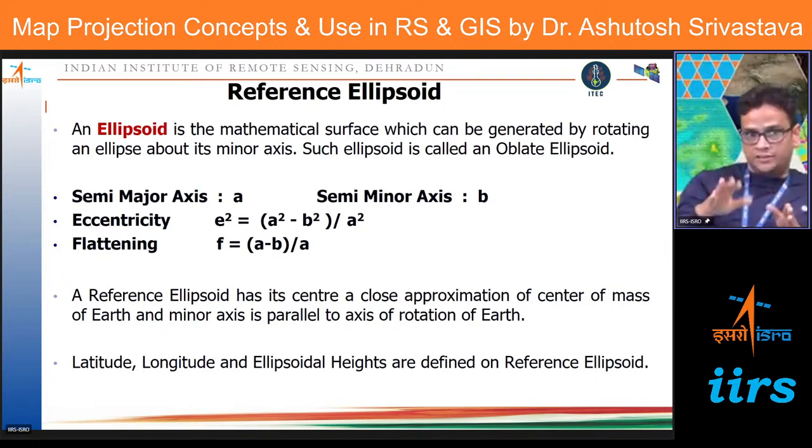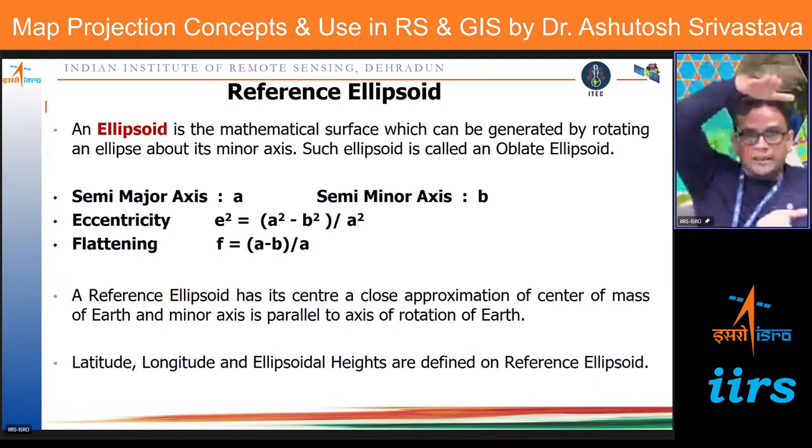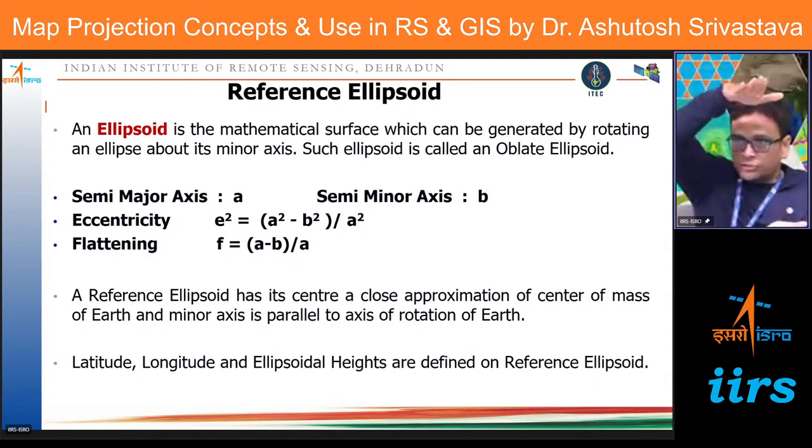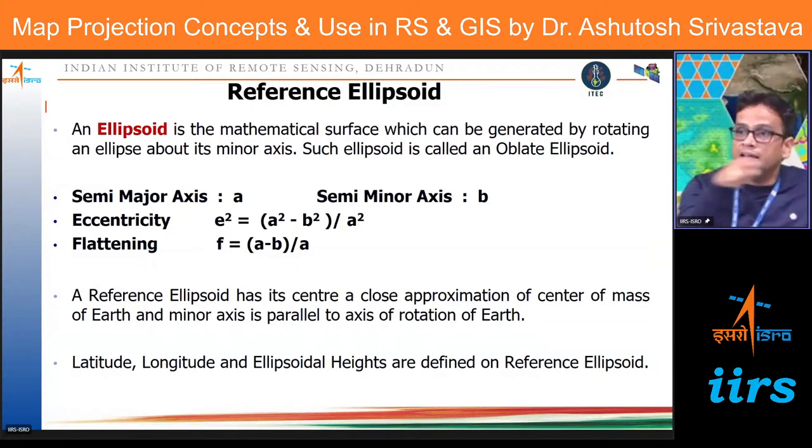If we press that circle a little bit, then the e value will be close to 0. If we are pressing more, then e will be larger. Now, if A equals B, what will happen?